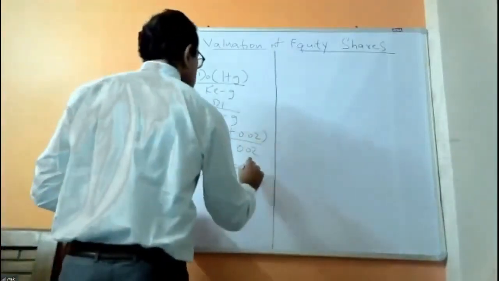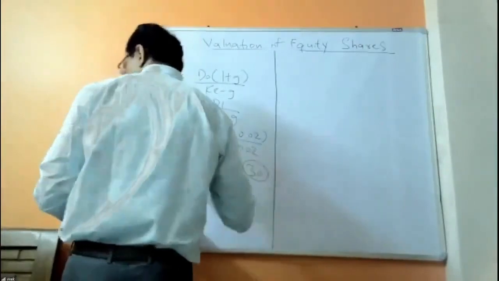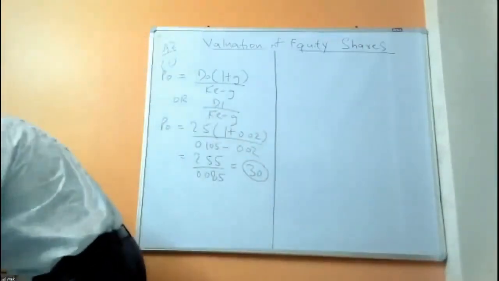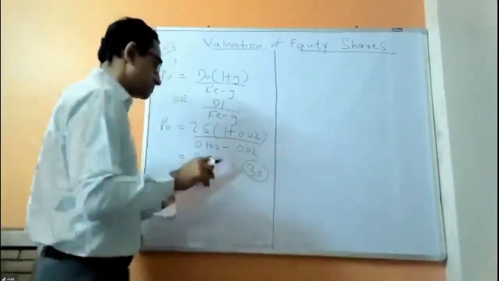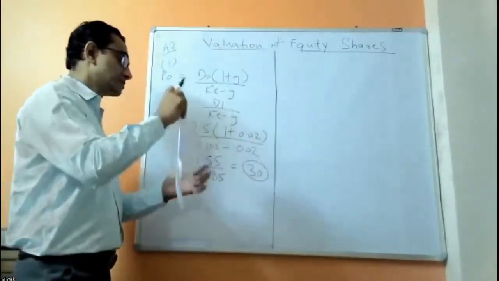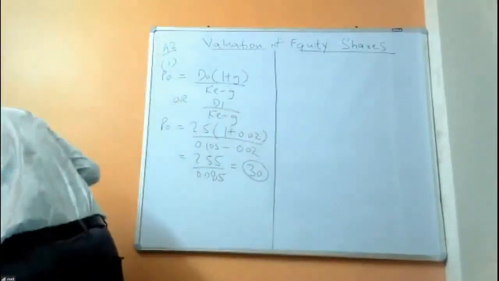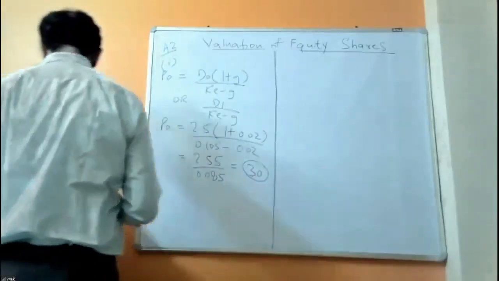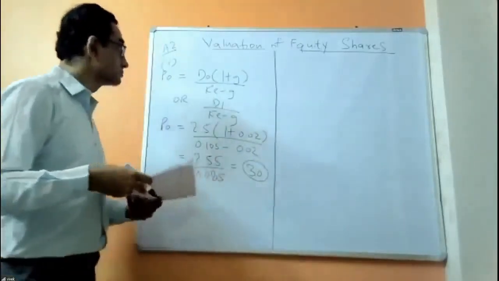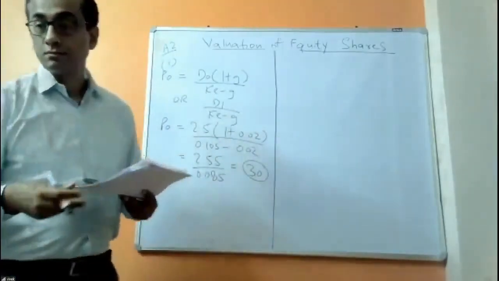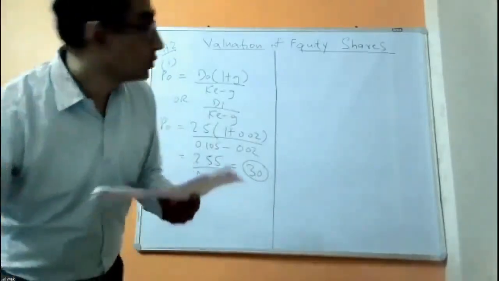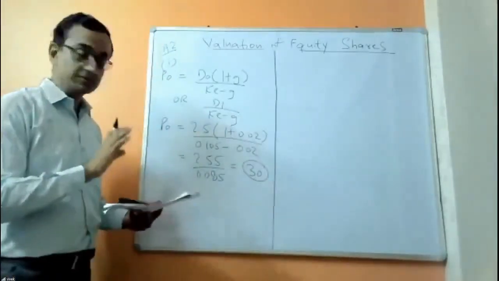So this present value we are getting is actually 30 rupees. So are you getting this 30 rupees? Okay. I hope it is clear, very simple to calculate.